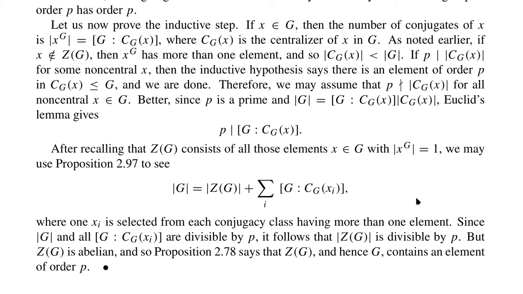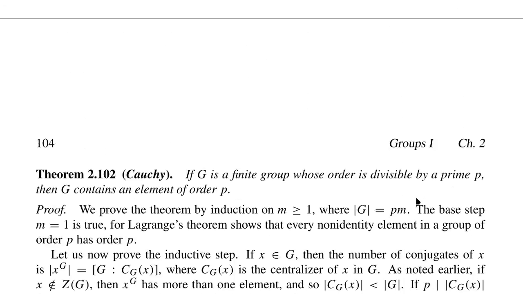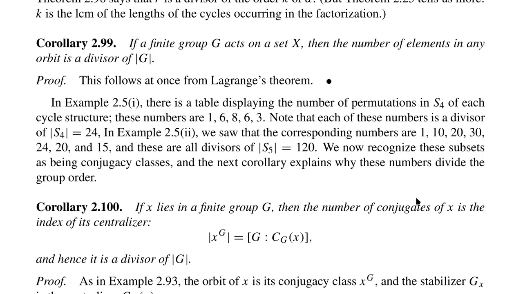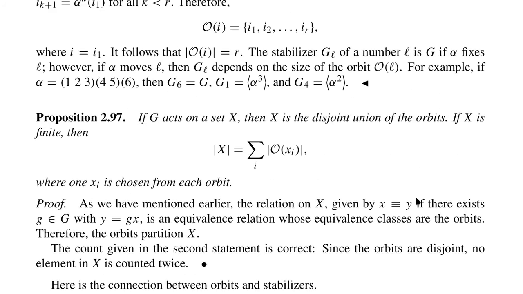Now, the center of the group consists of all the elements such that their conjugacy class is essentially the identity, because once you have elements in the center, the conjugacy class is essentially non-existent. So we use the formula that we saw just in the above theorem about the summation of orders.